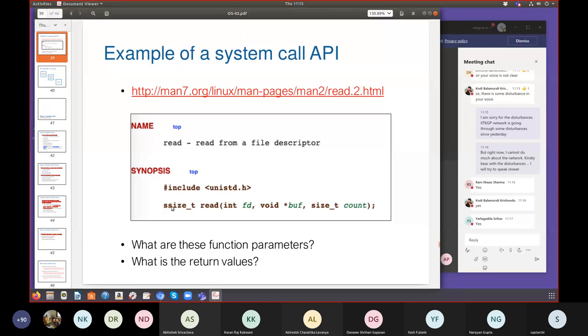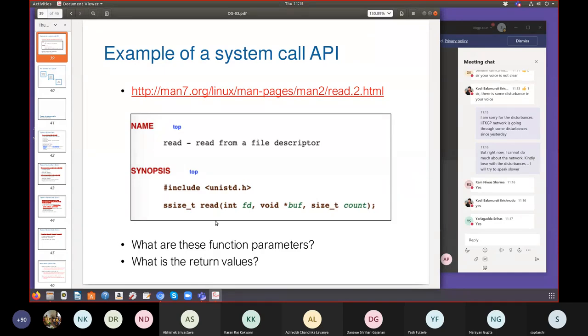We saw this example of a read system call, but this is just one system call. There are actually several hundred system calls. I think there are close to 300 system calls in Linux.